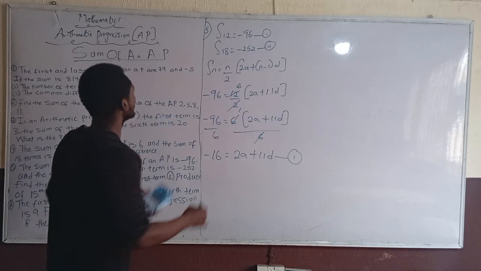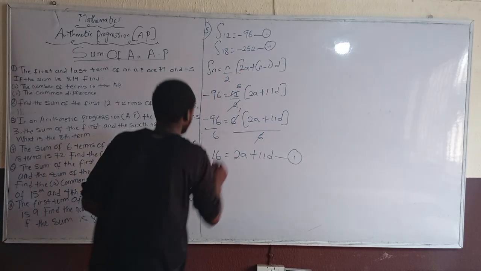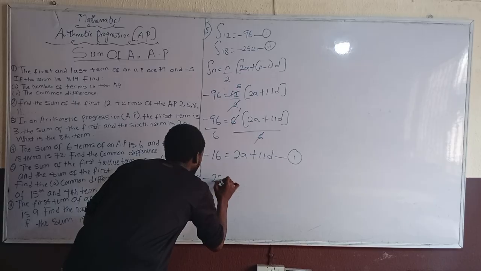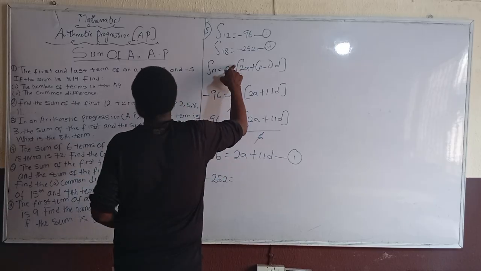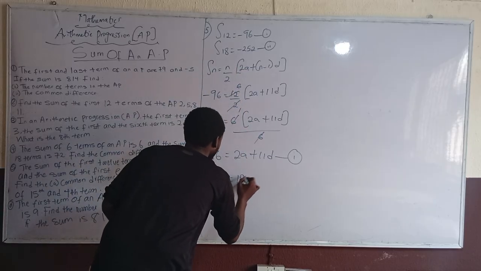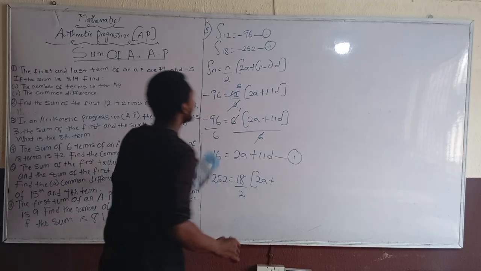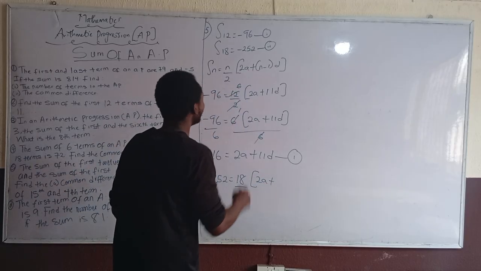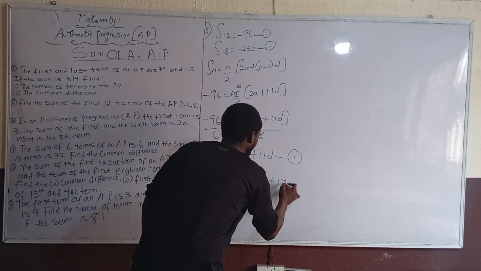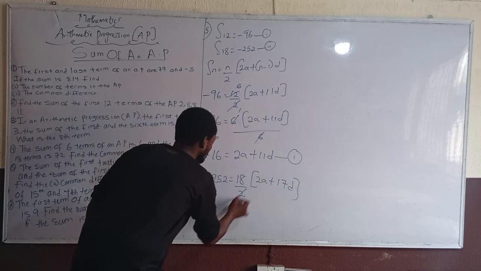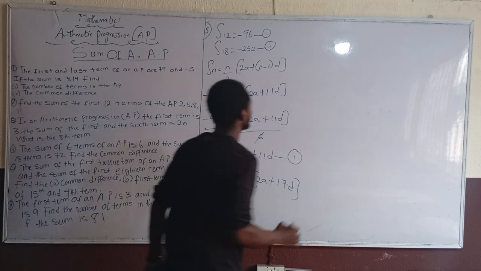Then the next one, S18 is minus 252. My n is 18 divided by 2. I have 2a plus n minus 1, which is 18 minus 1, that is 17d. So 2 here 1, 2 here is 9.